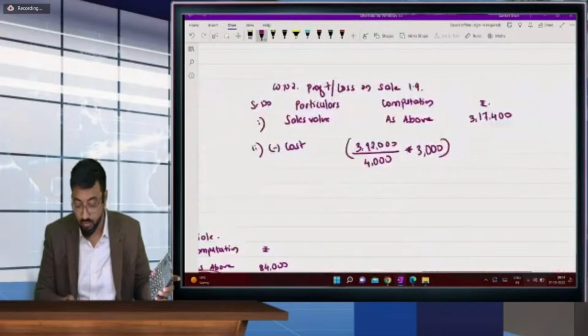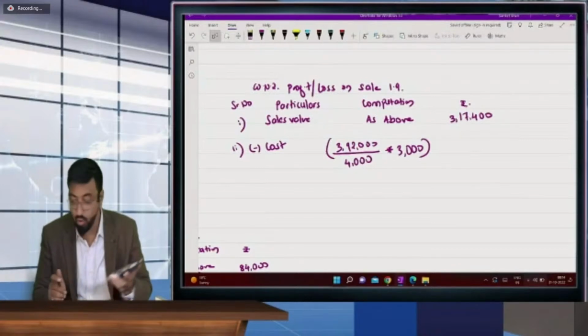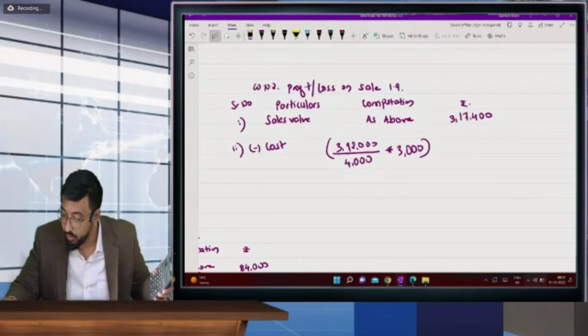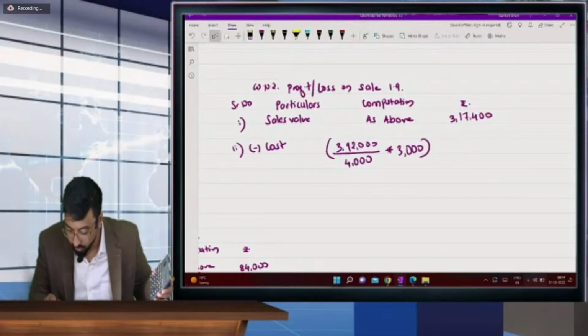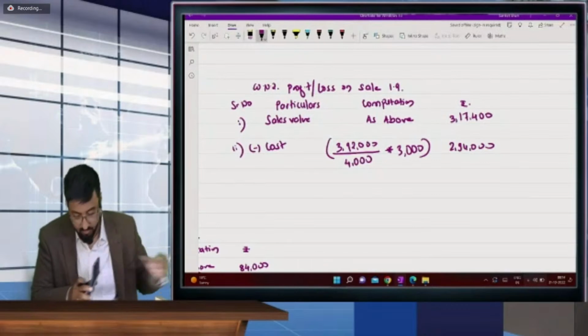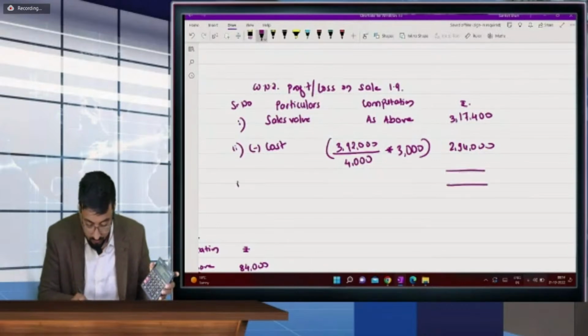So for 3,000, kitna? 3,000 you sold. 2,94,000. कितना लॉट का अमाउंट है? 2,94,000. ठीक है, 2,94,000.